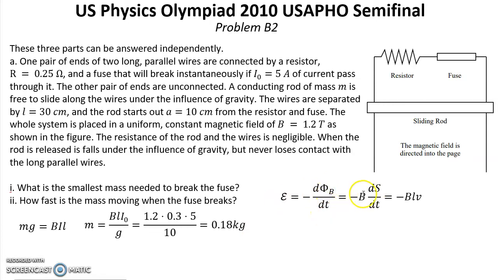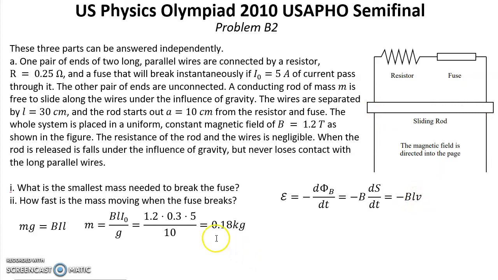In our case, magnetic field is constant, so that will be change of area under certain of time, and that will be just magnetic field multiplied by length of this rod multiplied by speed of this rod.